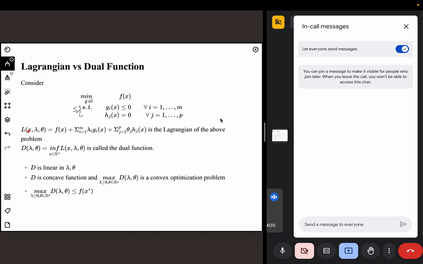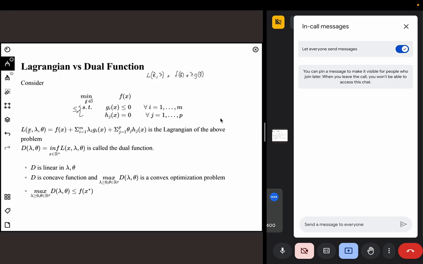Let's say at a given x value, I fix the x value, x is not changing. Let's take a simple case. Since x is fixed, I'm putting x hat. Lambda and theta are there, but let's say theta is not there. Understanding with one would be sufficient. This will be something like f of x plus lambda times g of x hat.